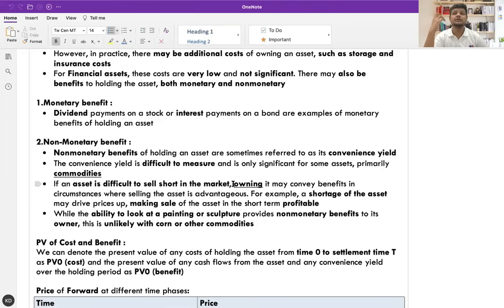So if an asset is difficult to sell short in the market, means it is not possible for me to deliver that asset to you, then tell me, will there be more short sellers or less? If the asset is difficult to get, to sell, will there be more sellers or less sellers?